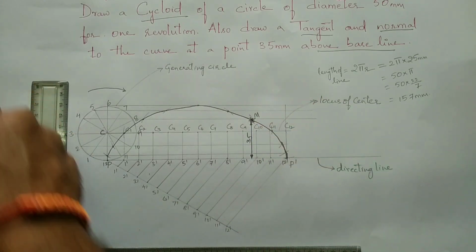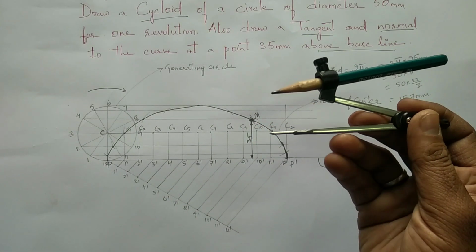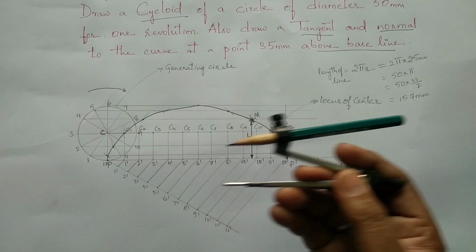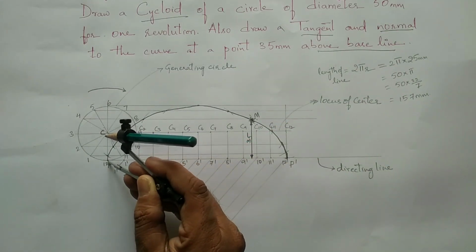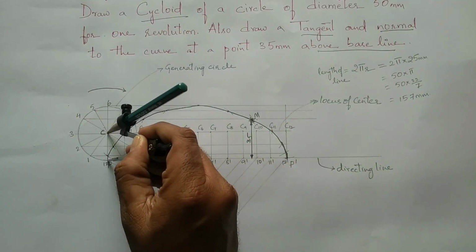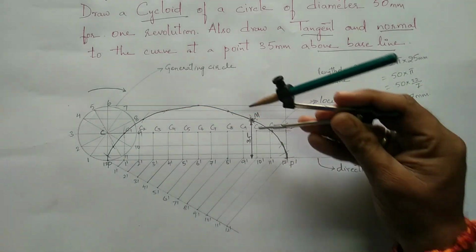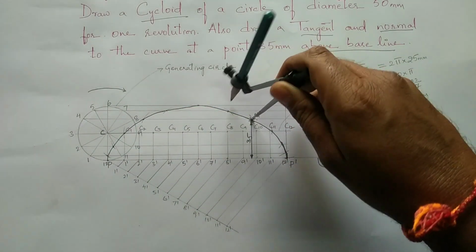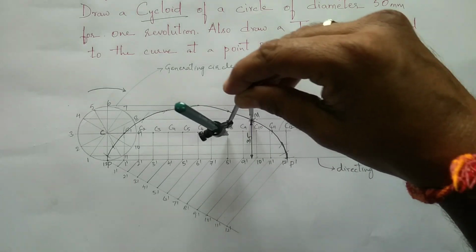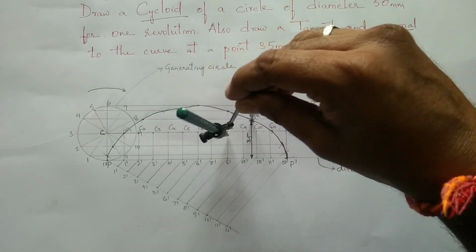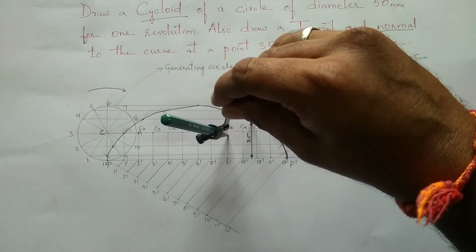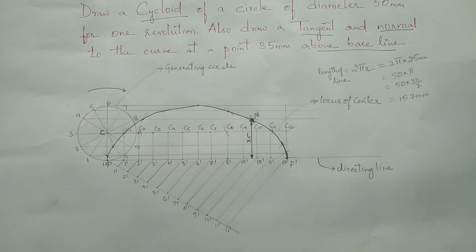Now, using compass, CP length as a radius, M as a center, draw an arc on the locus of center.